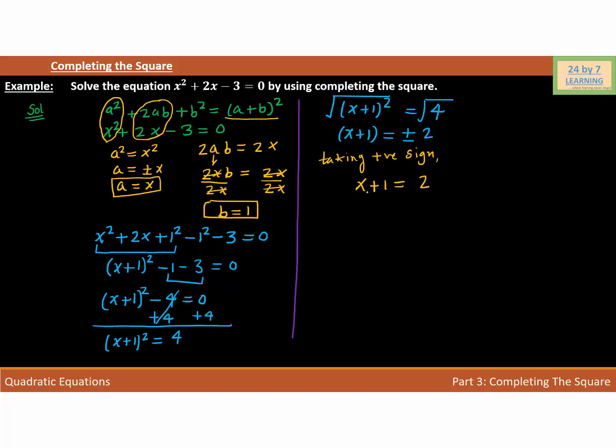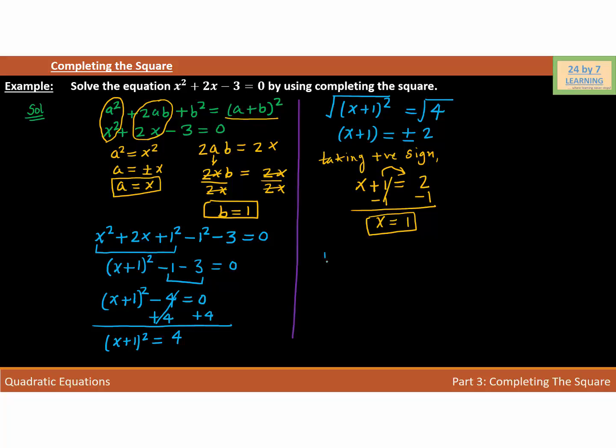I need to find the value of x, so the only way I can do it is if I move this 1 to the other side, and the only thing I can think of is if I subtract 1 from both sides. So if I subtract 1 from both sides, this 1 will be cancelled out and I have x on the left side, and on the right side I have 2 minus 1, which is 1. So one value of x is basically 1.